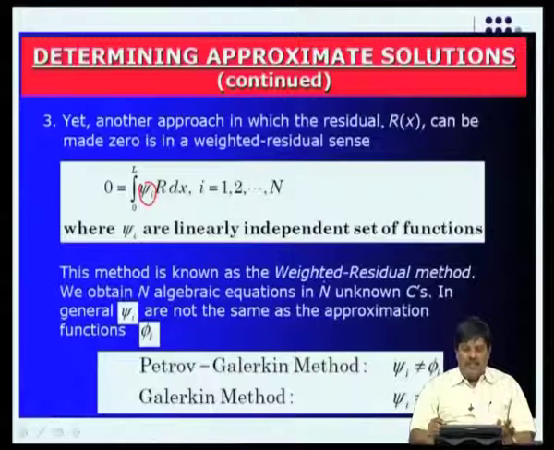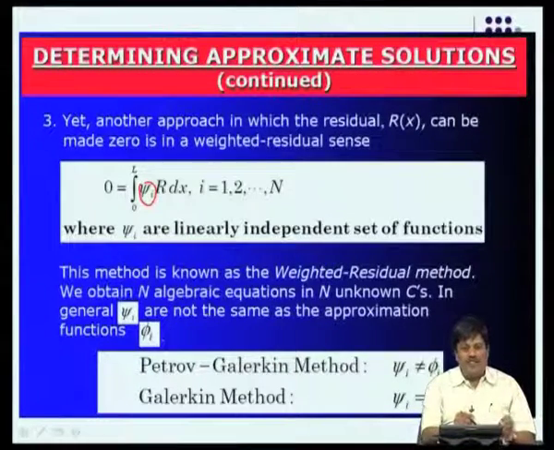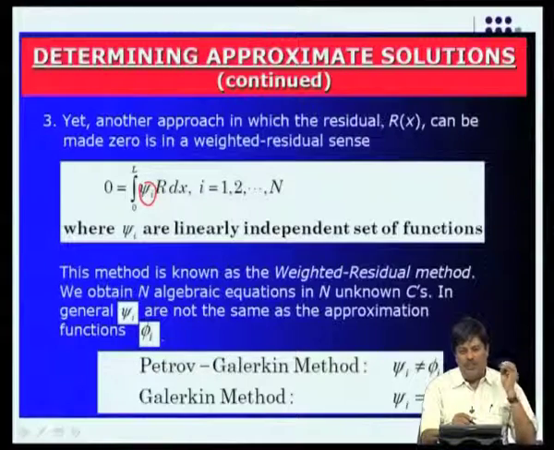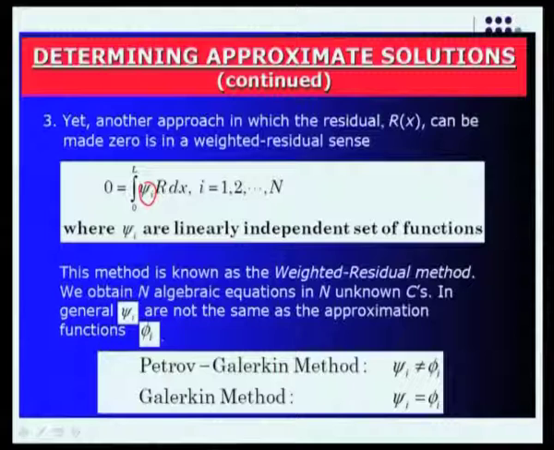So, in general, the Cis are different from phi's. Phi's are basically the functions that are used to approximate the dependent variable for which we are trying to find the solution. Psi's are the weighting functions which we use to find the approximate solution.